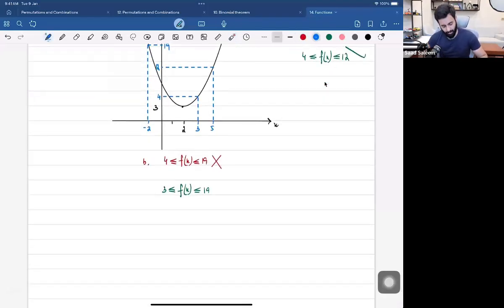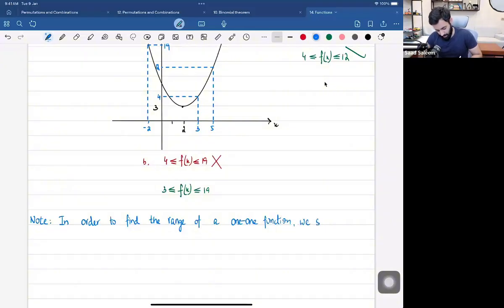Now we're going to write down a couple of notes. So note number 1, in order to find the range of a one-to-one function, we simply plug in the two endpoints of the domain and give the answer in range form.